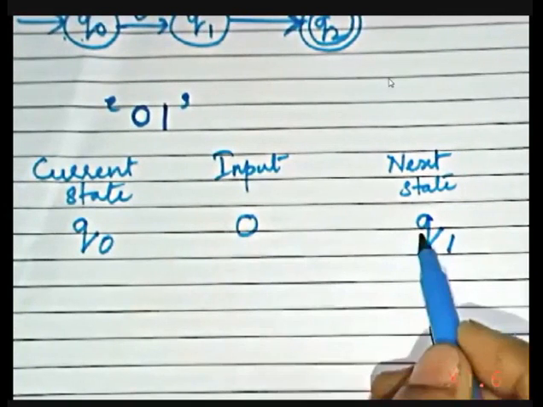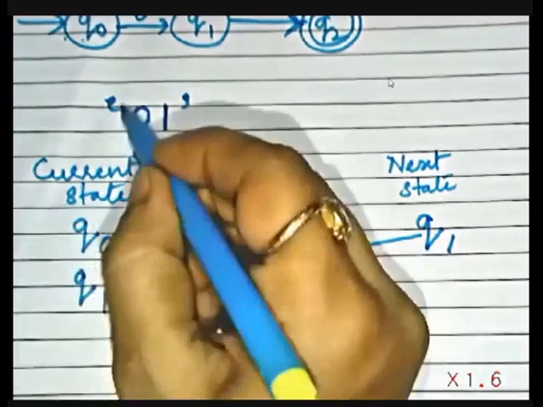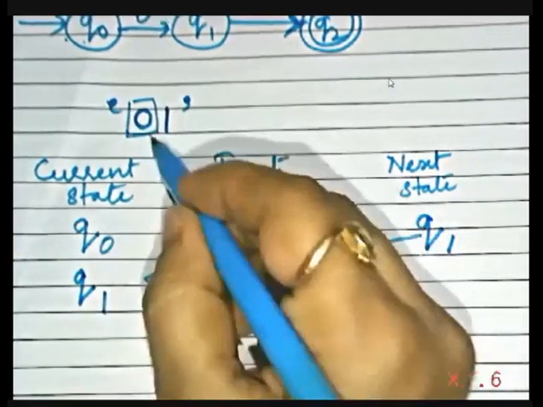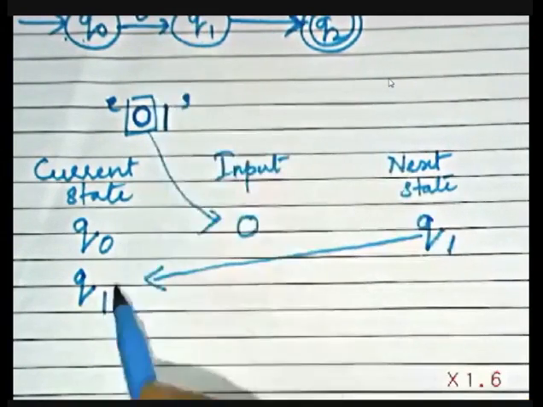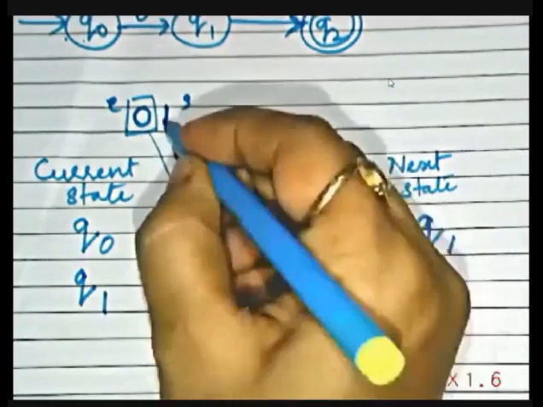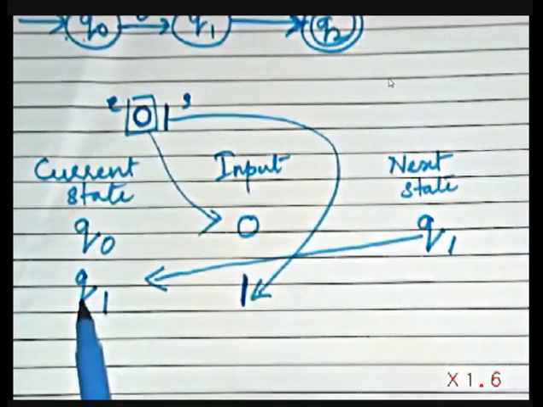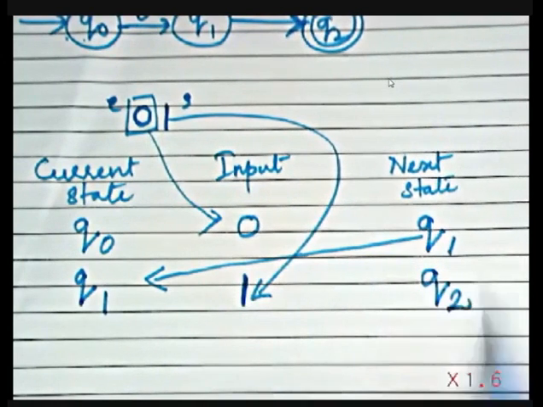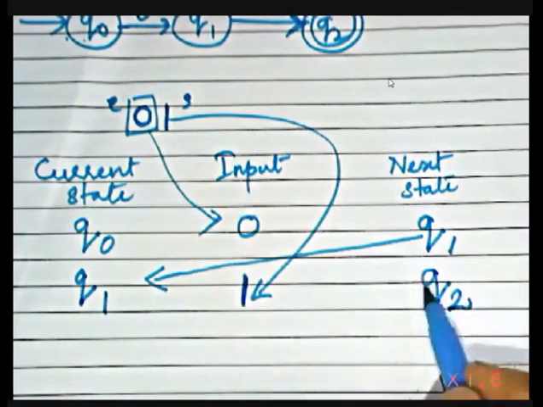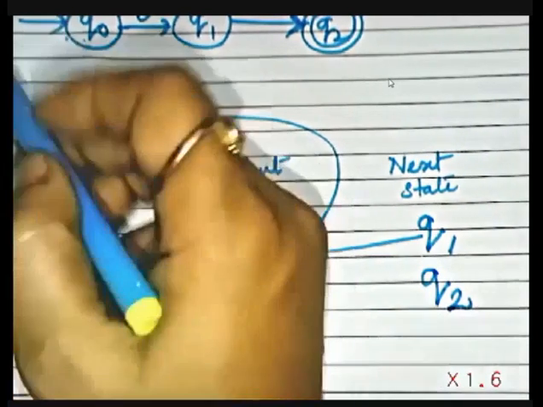Now this Q1 is acting as my current state, right? So the turn of this 0 is over. Now 1 will come. So to Q1, you are giving input as 1, right? So what will happen? Q1 with the input 1 reaches the final state, Q2. Now Q2 is acting as the next state. But what happened here?